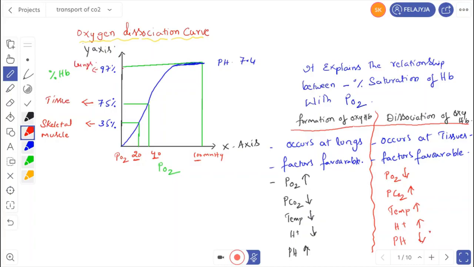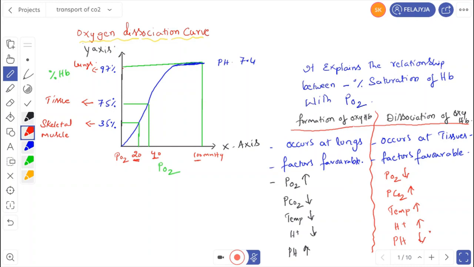So the partial pressure of oxygen will be 20 mmHg at skeletal muscle. Why? The skeletal muscle is undergoing vigorous exercise.